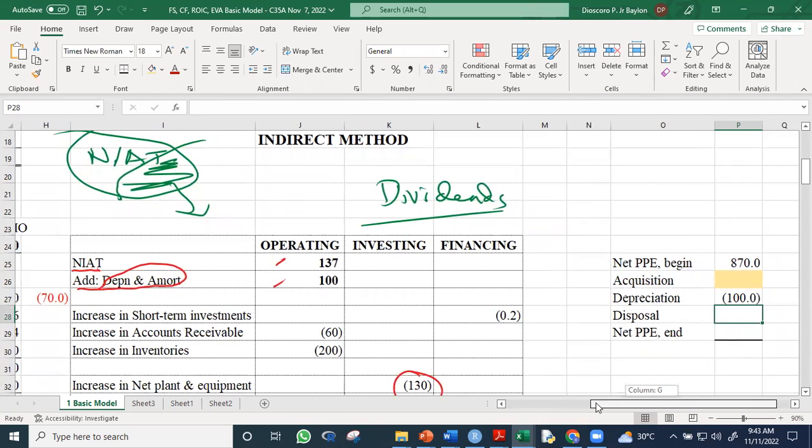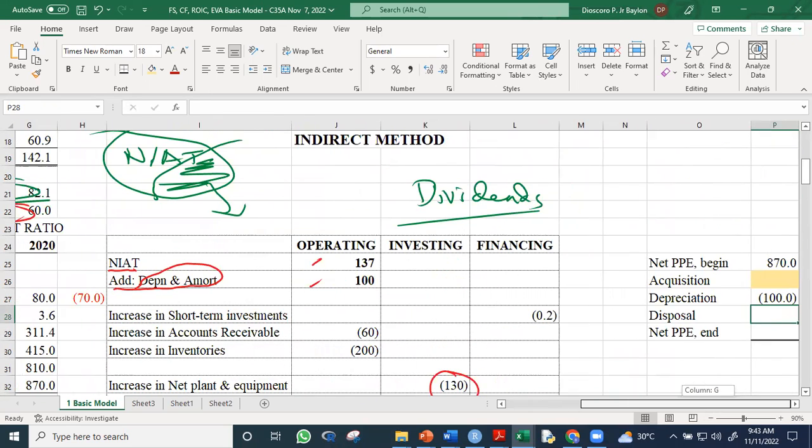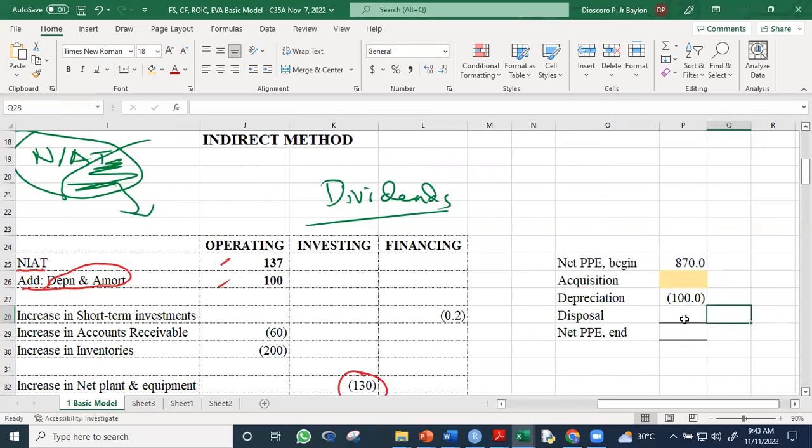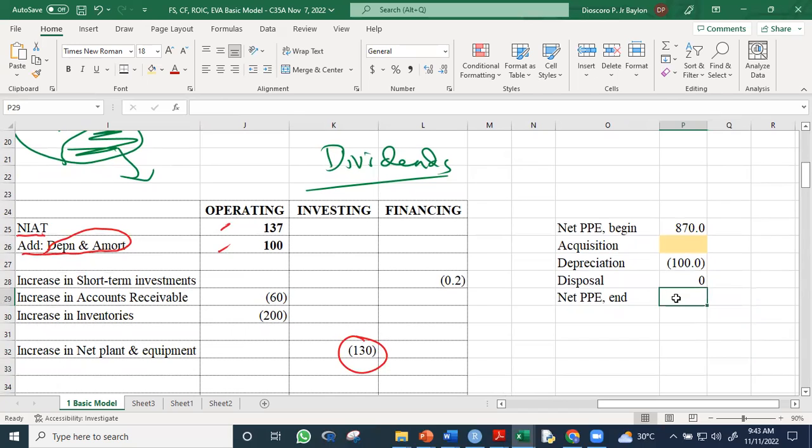Disposal. Do we have any information about the company selling part of its property, plant, and equipment assets? No, there's no information on that. But if there was, this should also be negative because it will reduce the value of your PPE. So this is 0. Now, what will be our net PPE end?